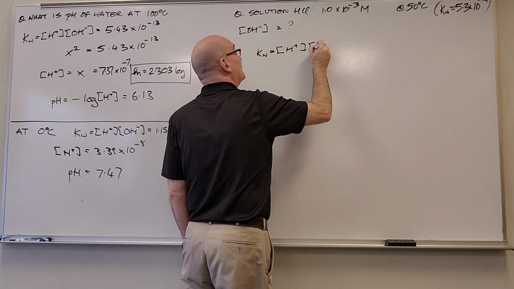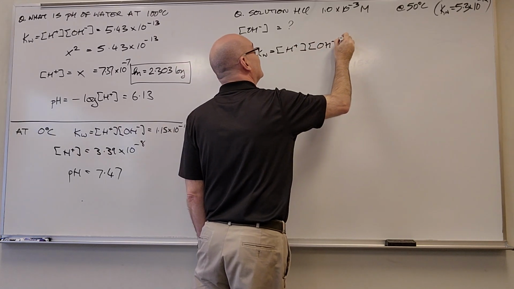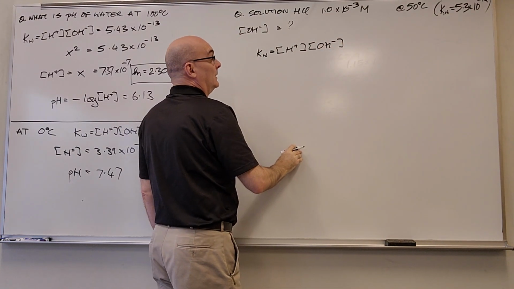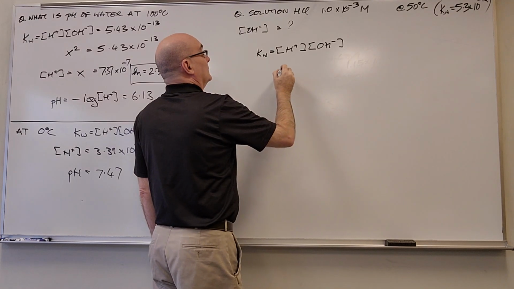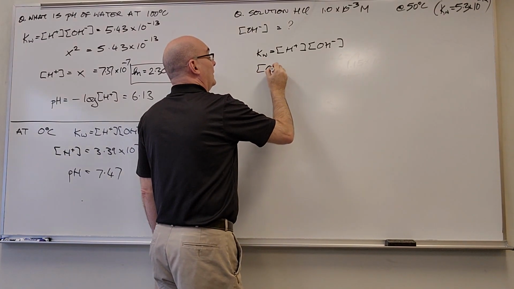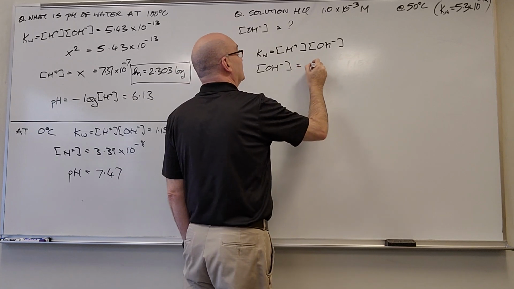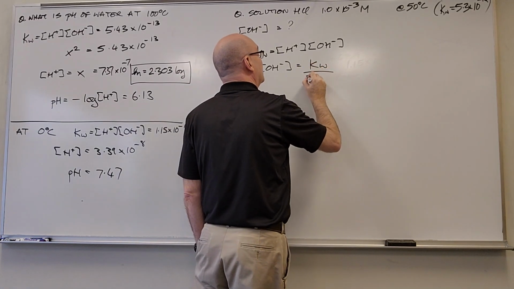Kw is H plus times OH minus. So OH minus is Kw over H plus.